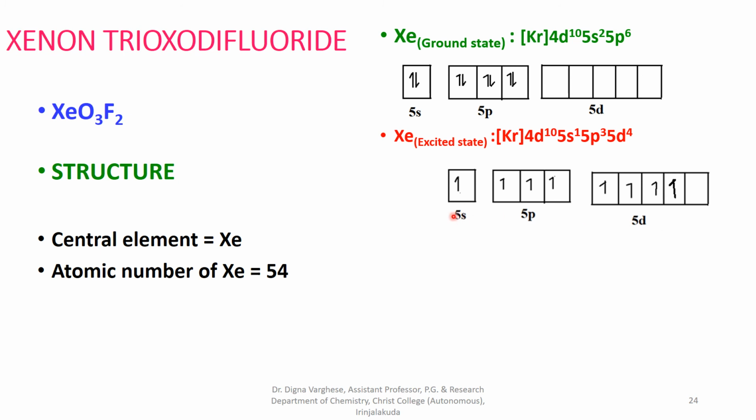The 5s, 3 5p and 1 5d orbital of xenon mix among themselves with the redistribution of energy to yield 5 new sp3d hybrid orbitals.